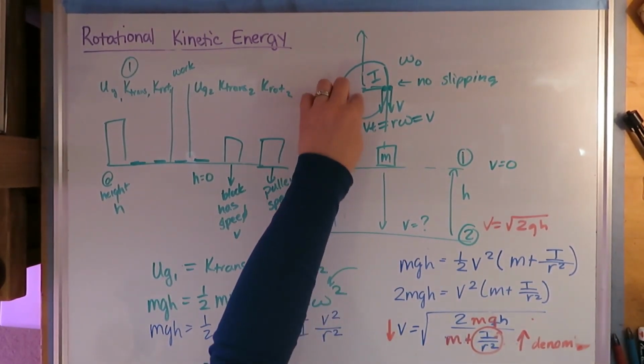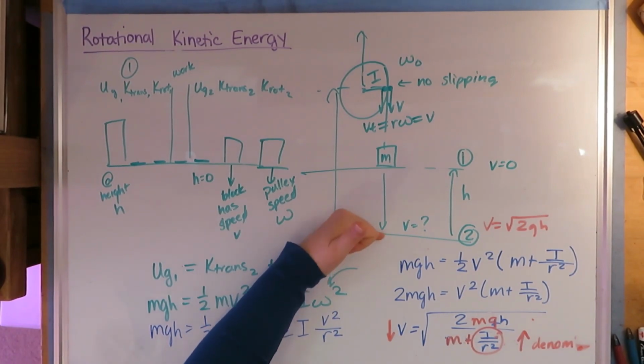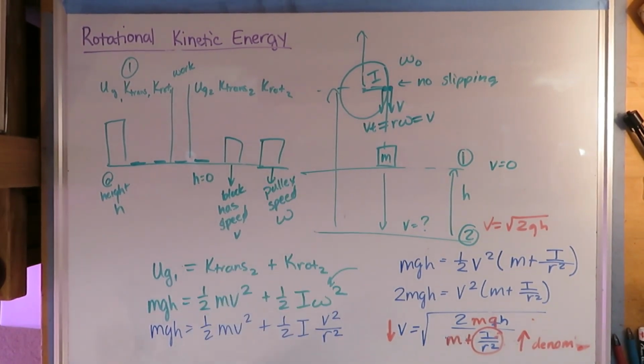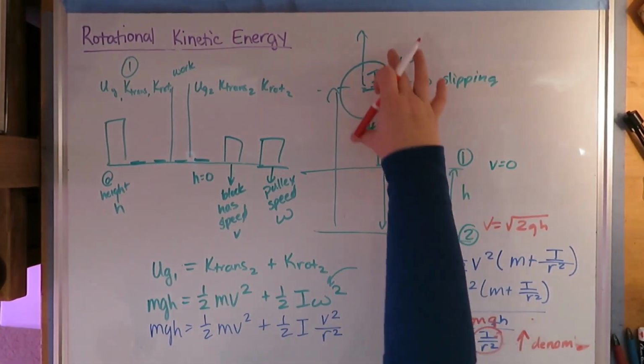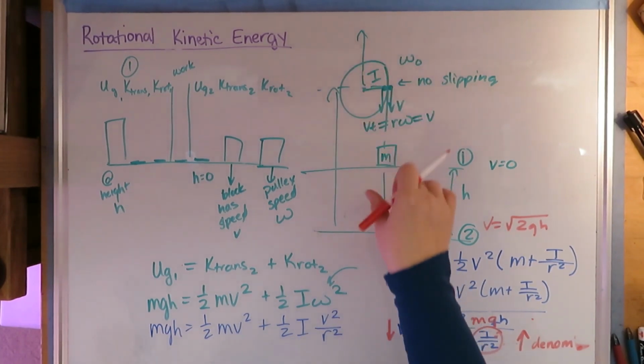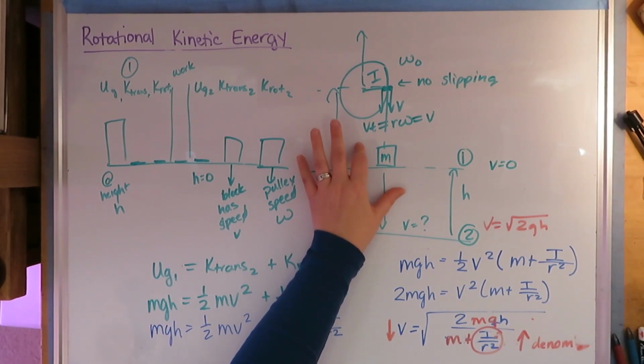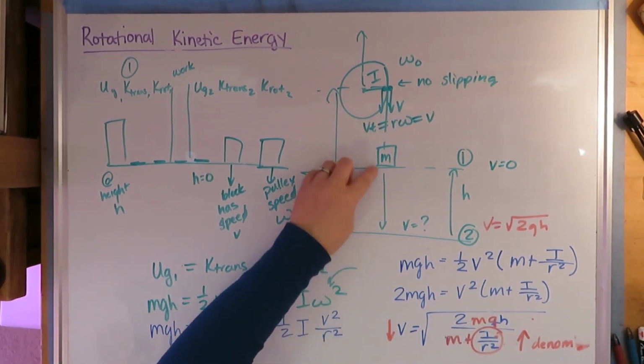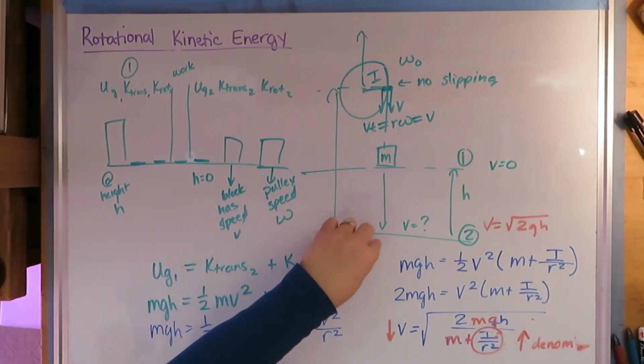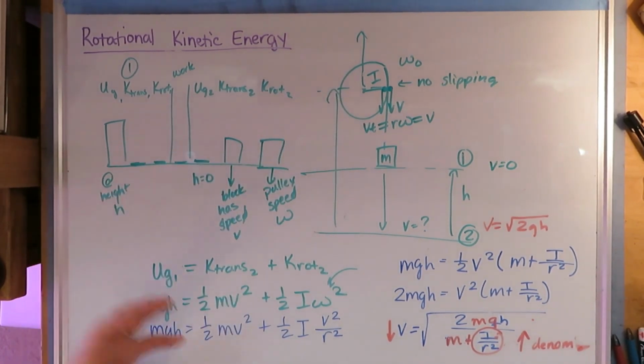So the fact that this has rotational inertia tells me that I'm going to have a lower speed at the bottom than if I had just dropped it, which makes sense because I have kinetic energy in both the pulley and the block. My initial potential energy of the block is being split into the motion of the block and the motion of the pulley itself.